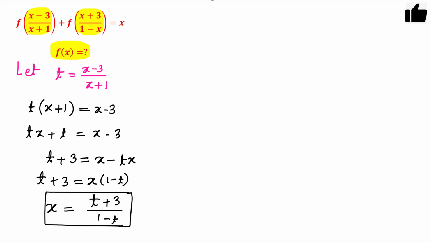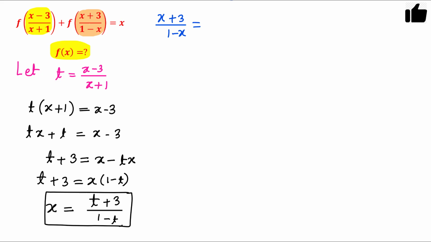Now once I know x, we can also calculate the second term in terms of t, because I will need this term while substituting. So let us find this term in terms of t. We have to express (x plus 3) divided by (1 minus x) in terms of t.